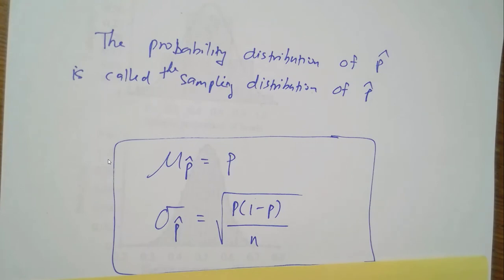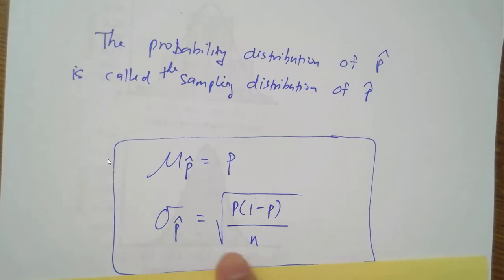That means they target the value of the population parameters. The standard deviation is not going to approach the population standard deviation. Therefore, if you take the standard deviation of all the sample proportions, you are not getting the same value as the standard deviation of the population proportion.